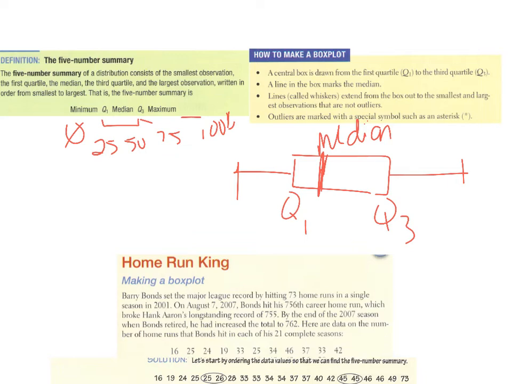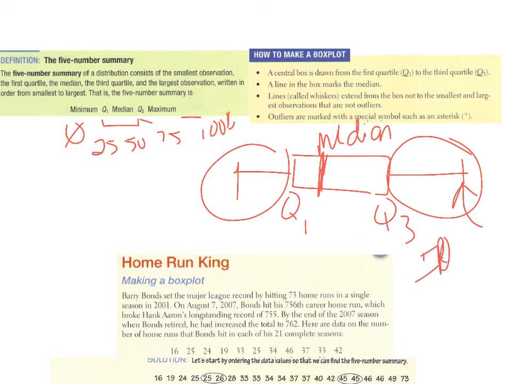The whiskers, out here on the edges, go to the smallest and largest observations that are not outliers. So this value here is my IQR times 1.5 plus the Q3, because anything past that would be an outlier.